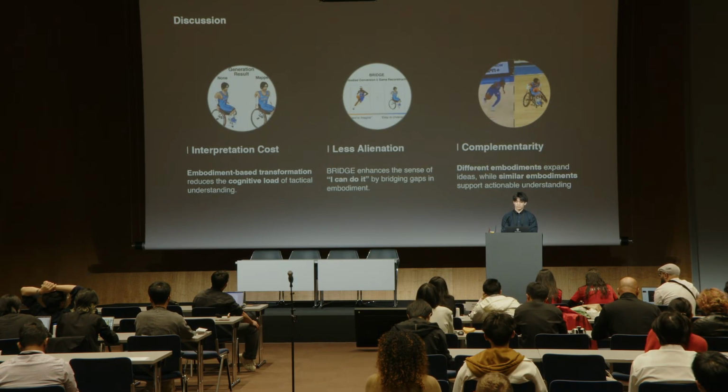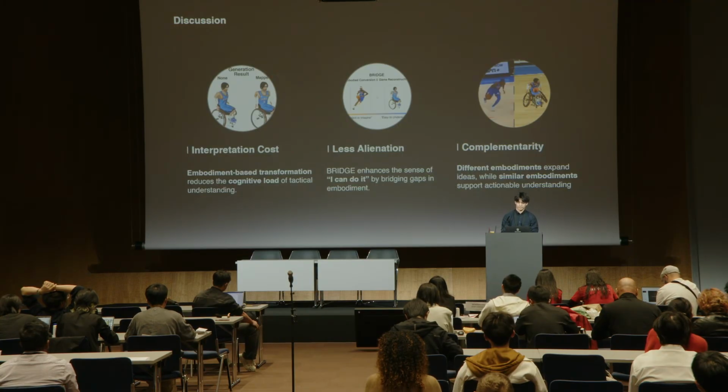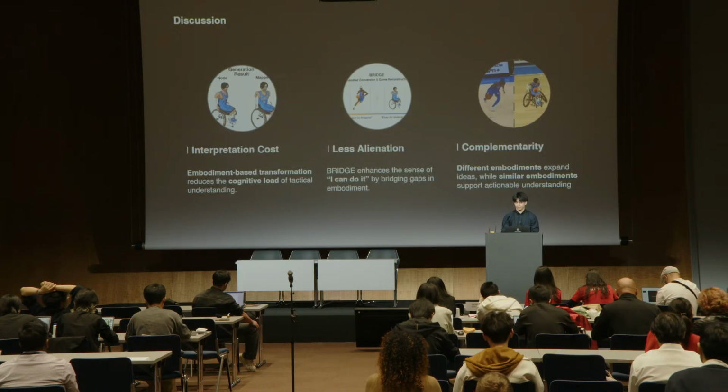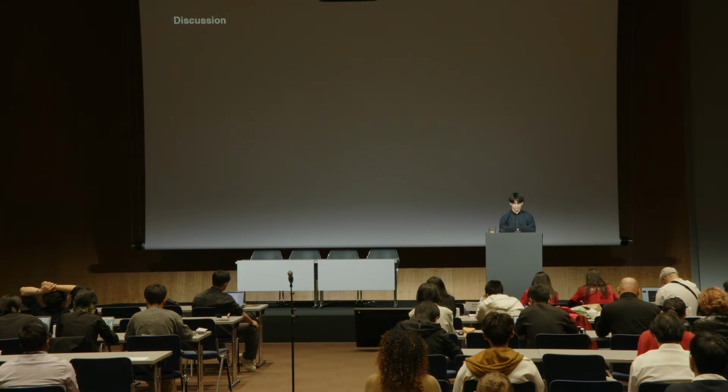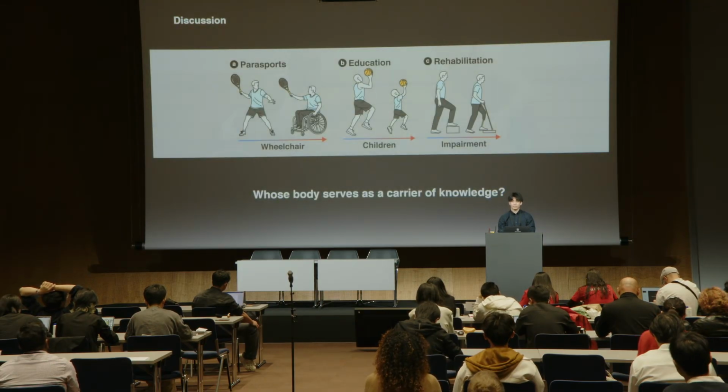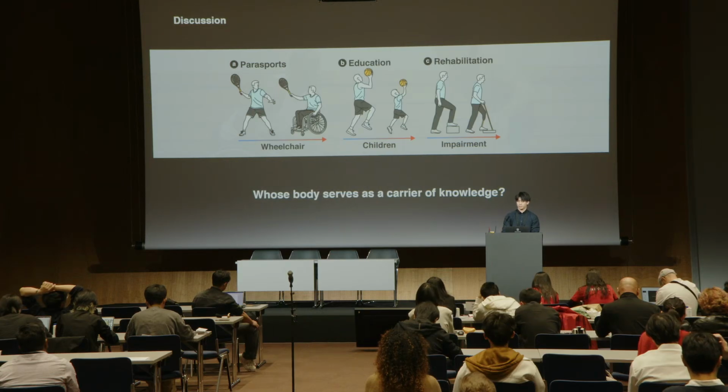The participants also noticed that resources based on different embodiments are valuable for idea expansion. So different embodiments provide a new perspective, and they enable actionable understanding. This approach is not limited to parasports, but can also be applied to areas such as education for children and medical training.